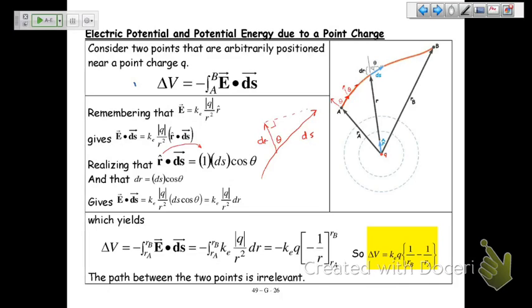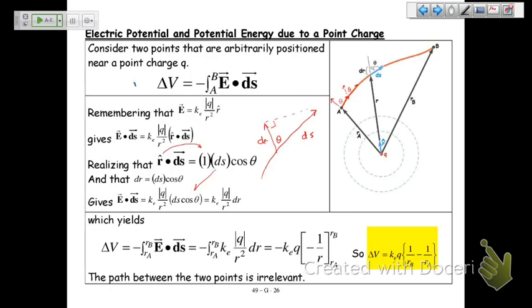So now if I look back at this, E dot ds for this little guy is equal to Ke q over R squared. That's not changed. But now rather than R dot ds, I can say 1 times ds times the cosine of theta.